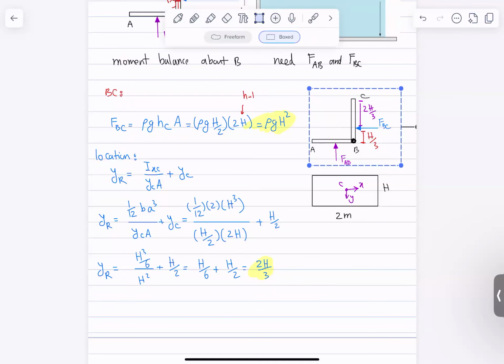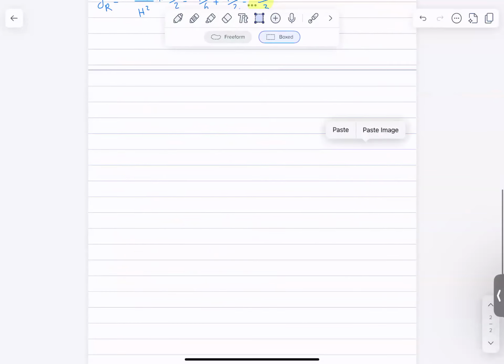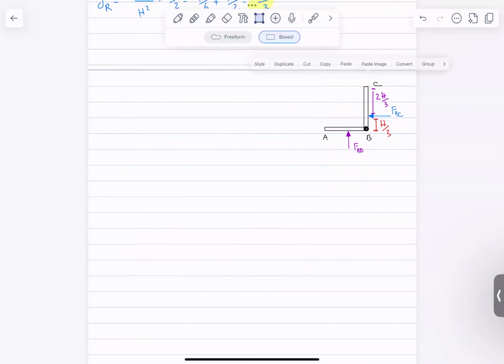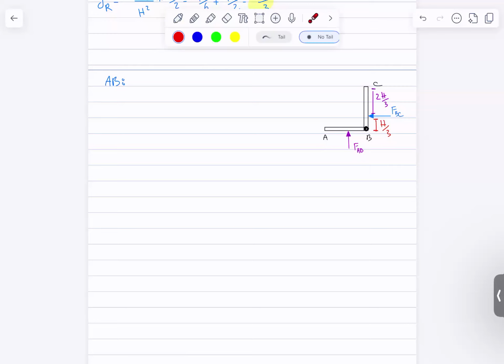Now, I'm going to copy this and let's look at AB. Okay, now AB is a bit different from what we've seen before. It's actually easier. The reason being, all of AB is at the same depth, same Z or H, right? So if I look at BC, it's going down, which means the force increases with depth.